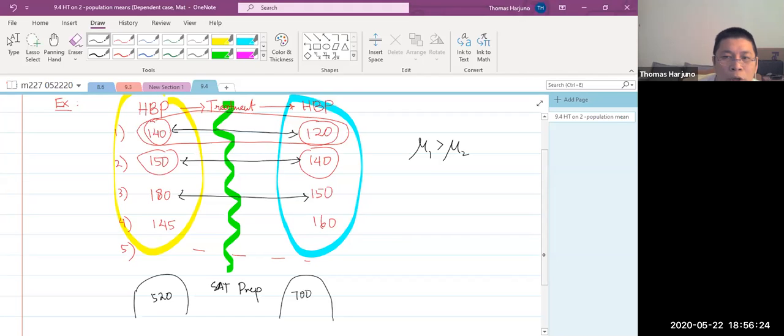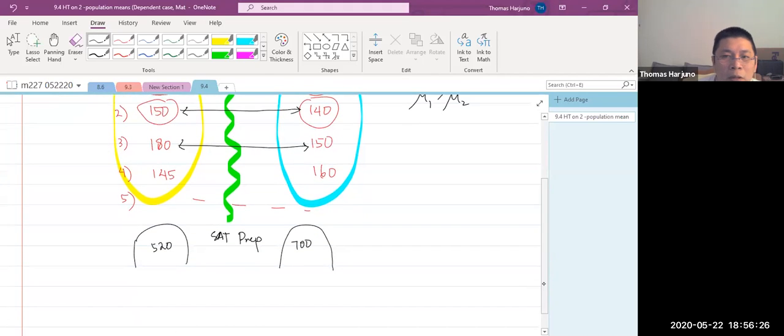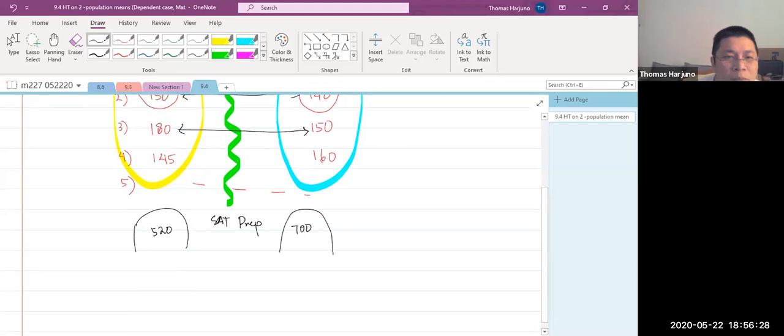Okay, but of course, you cannot support a claim by only a sample size of one. You grab more students, right? And if possible, don't take from only one SAT prep. You get some SAT prep institutions and get the scores from them. Okay, now that's how you know that SAT prep is actually useful.